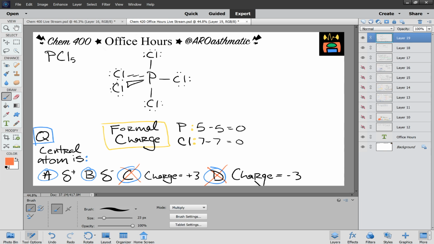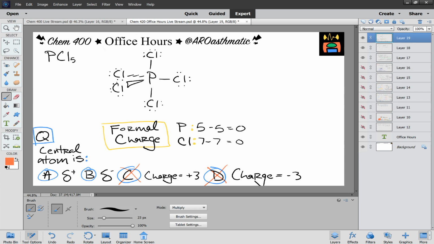To answer whether it's partial positive or partial negative, we actually need to look at the difference in electronegativity between phosphorus and chlorine. So for that, we need to look up our electronegativity numbers.